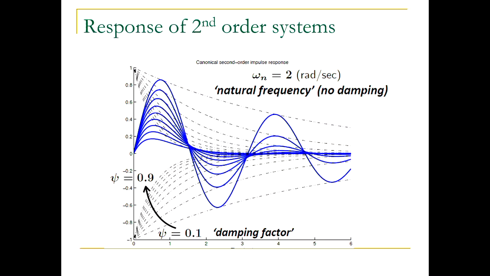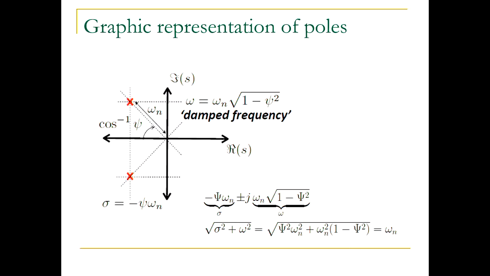Look, guys, it's very important for you to think about this picture, how psi changes, and then think about this picture and how the locations of poles would change, so that you can relate the locations of poles to the response you are seeing. This gives us even more information about the experiment we were doing. If it oscillates more, we say there's less damping, so psi would be smaller.